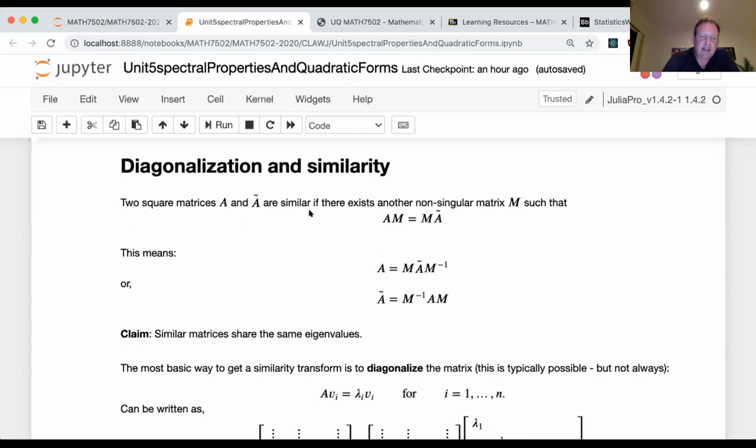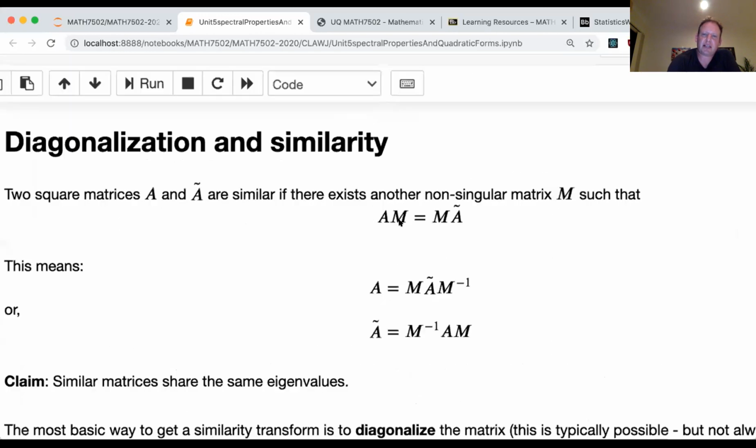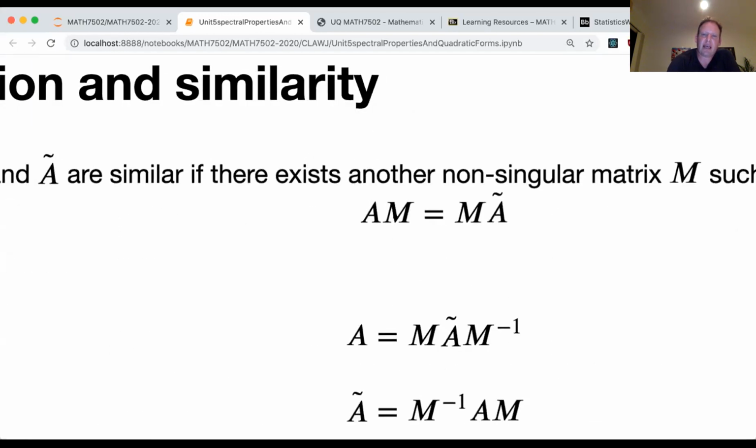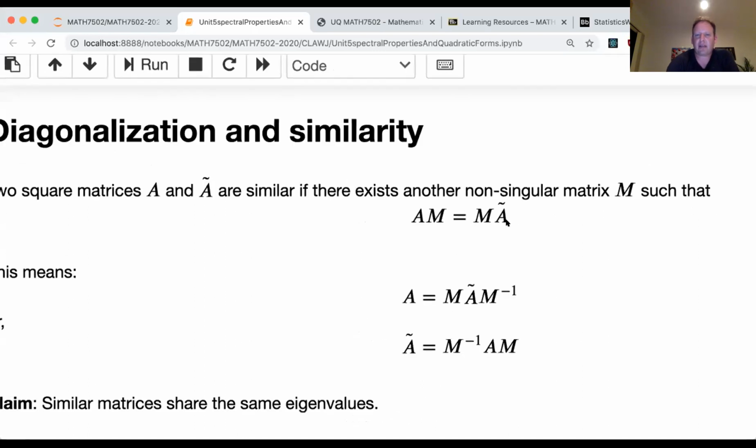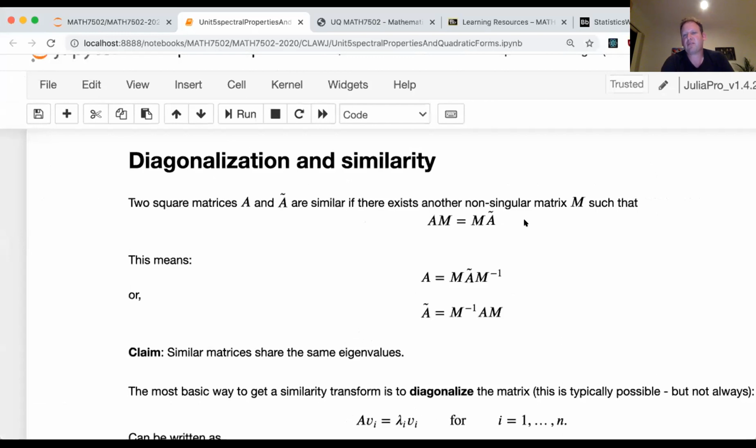You say the matrices are similar if you have some non-singular matrix M and this relationship, which looks a bit funny: M multiplied by A on the left-hand side equals M multiplied by A tilde on the right-hand side. M is non-singular, so it's an invertible matrix.